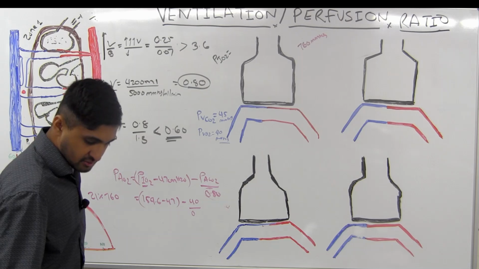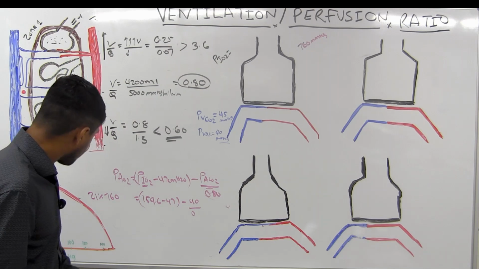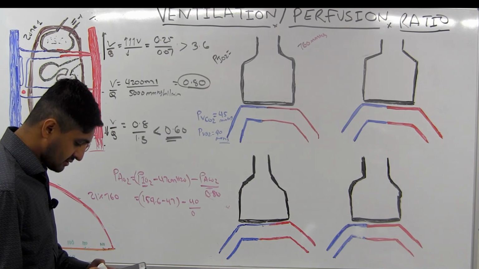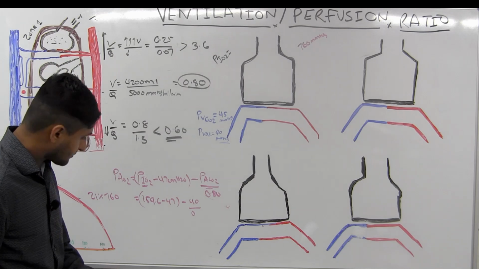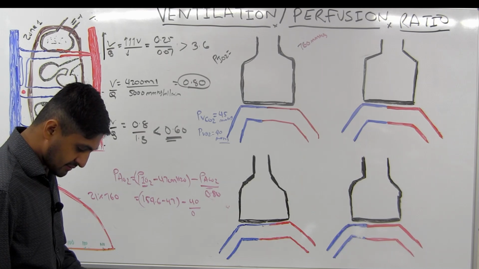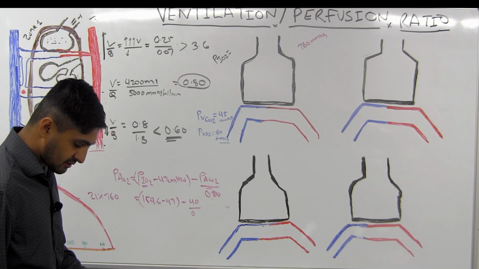Let me hold on. 0.21 times 760 minus 47. What is that going to give me? 760 minus 47 gives me 713.